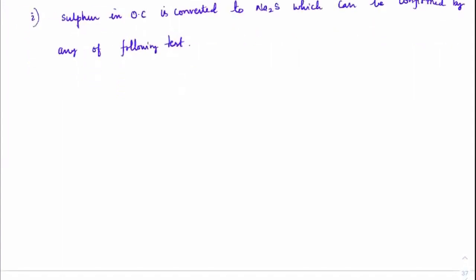Confirming sulfides is pretty easy actually. What we do is a precipitate test.